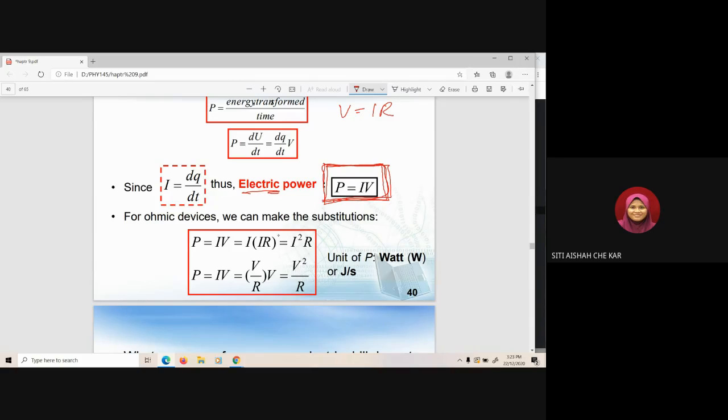Okay, the unit of P is watt, W. Watt is from James Watt, who came up with this finding, that's why his name is used. Or we can use joule per second.